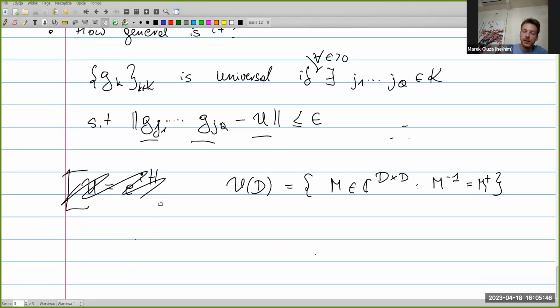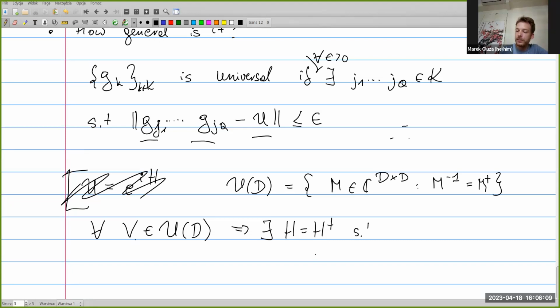And what I meant to say there is that for all unitaries, or maybe I will use V, for all V in the unitary group, there exists H, which is self-adjoint, such that e to the iH is precisely equal to V. Okay.